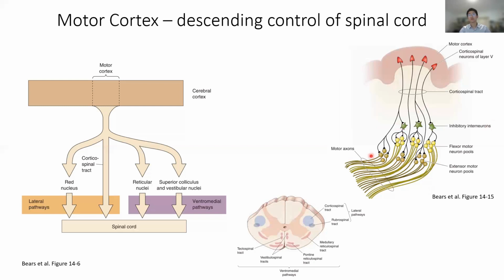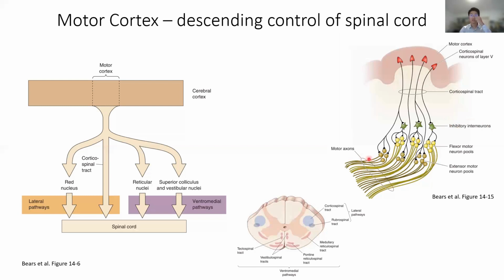In humans, there are actually many direct pathways, from the brain directly synapsing on the motor neurons. But in lower level animals like rats, they only have this descending pathway. They have to always go through the inhibitory interneurons, and they don't have these direct connections.